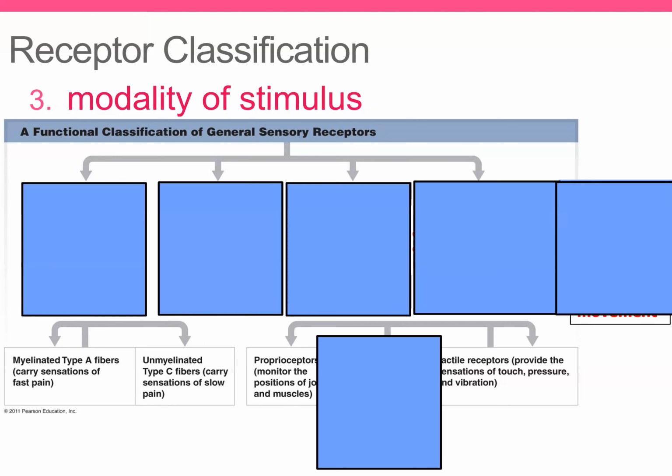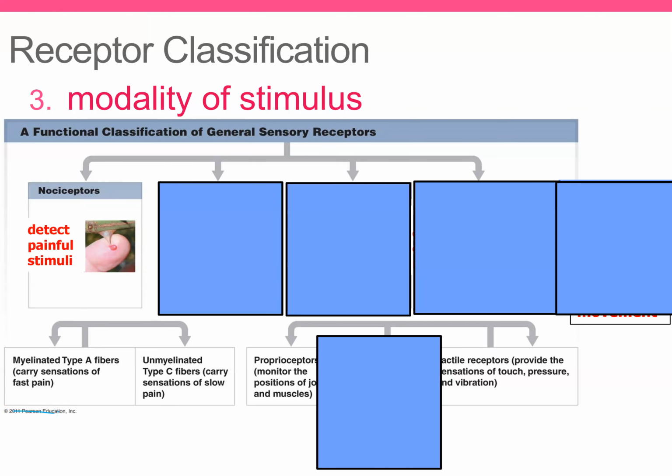The third way that we'll classify the receptors is by the modality of the stimulus or how it works. That's what modality means, like what mode does it use? And you've got a few different examples here. This is not a picture from your book. I pulled this from our old book. So here you have nociceptors.